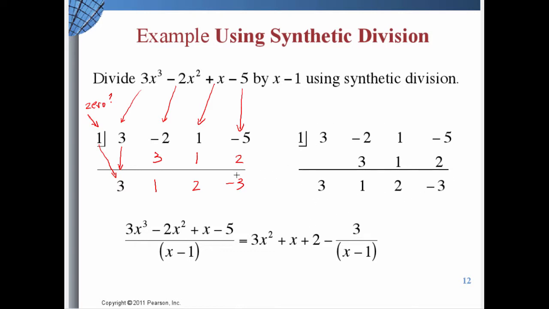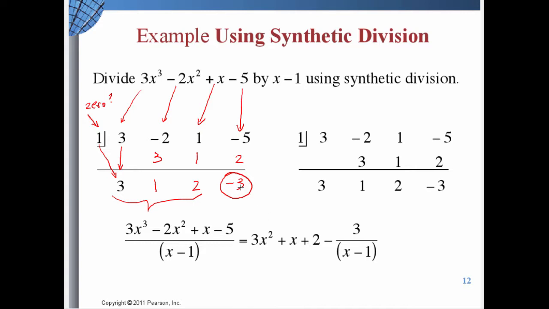So this number right here at the end, when we finish, if that's not a 0, then that value is our remainder. That value is actually the numerator of the remainder. We take these first 3 numbers, which are the coefficients of our quotient: 3x squared plus x plus 2.